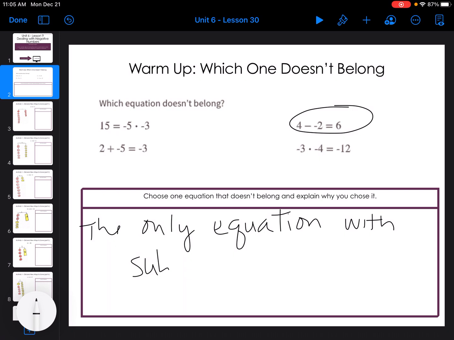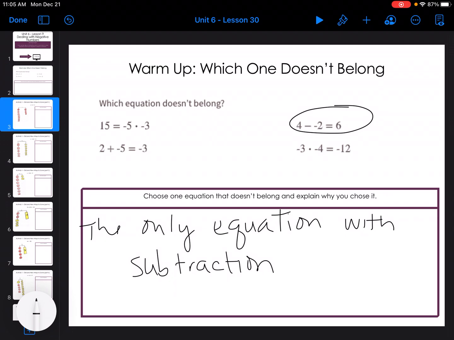Now you might decide that you want to talk about multiplication. You could talk about addition. You could talk about how it's the only one that doesn't have a -3. Whatever your reason is, choose one and tell me why.